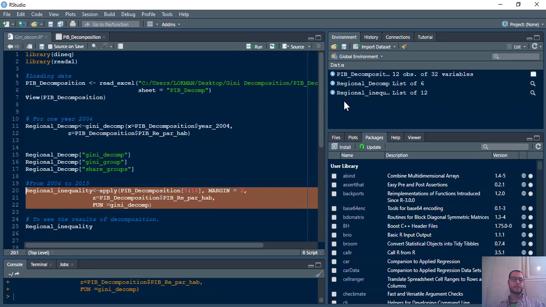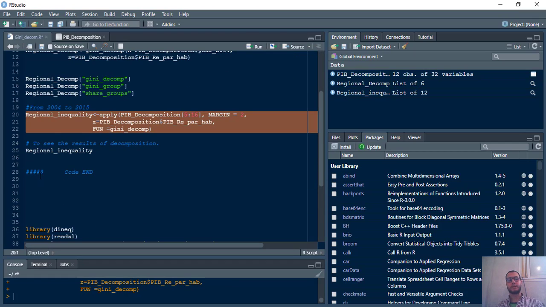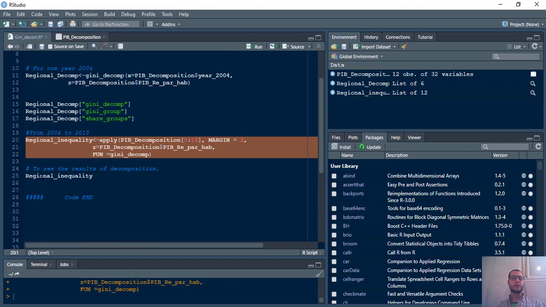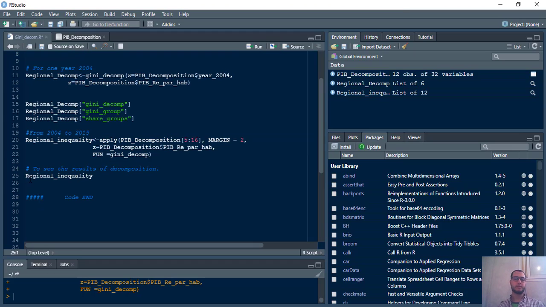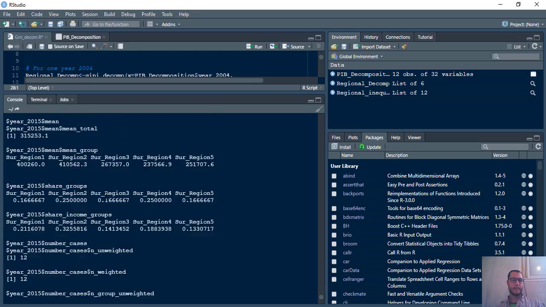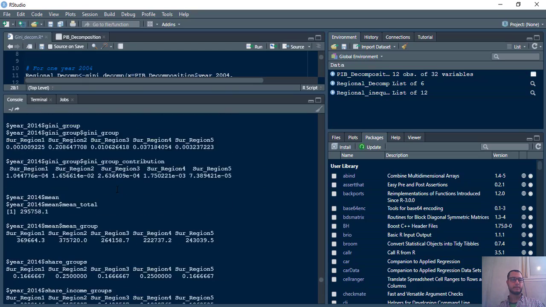Run. Here we have a list. So to see the result of the decomposition of the Gini coefficient from 2004 to 2015, just here we have a long list.